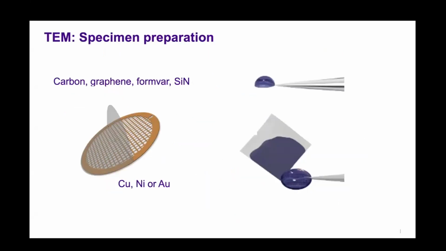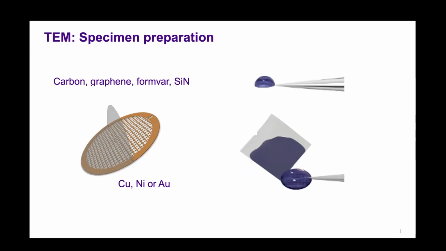But how are these samples made? You have seen when you loaded the sample, there was a grid-like structure in the holder. So there is a small grid, 3 millimeters in diameter, with an extremely thin membrane. It can be a polymer, it can be carbon, graphene these days, or silicon nitride.